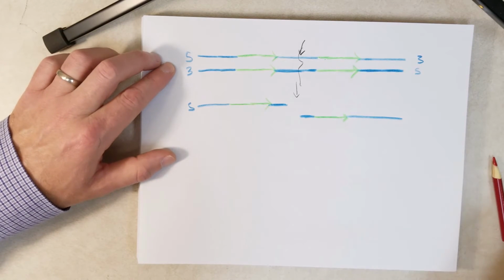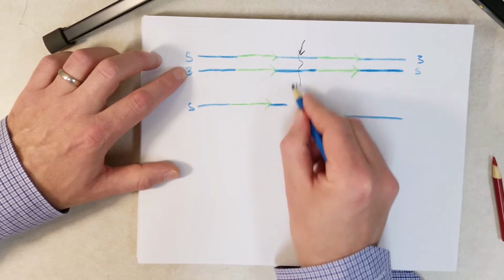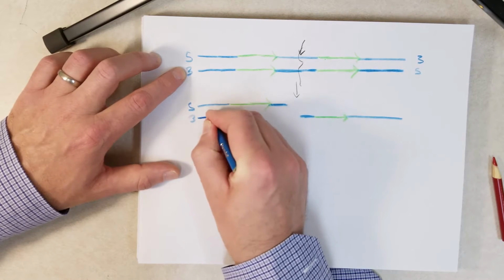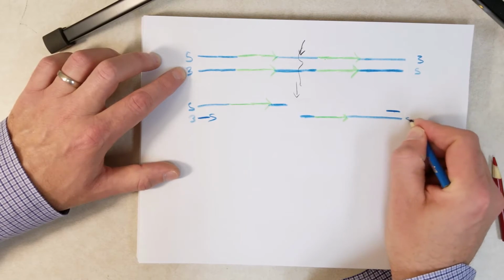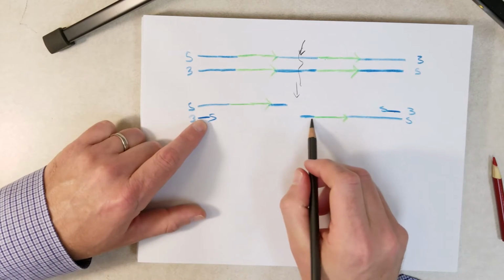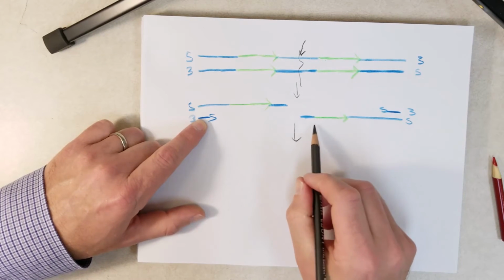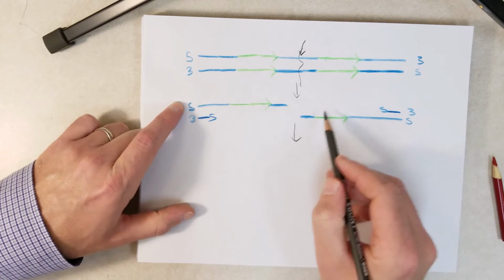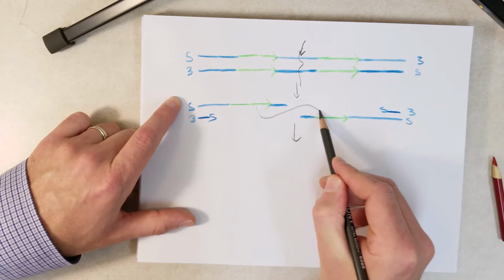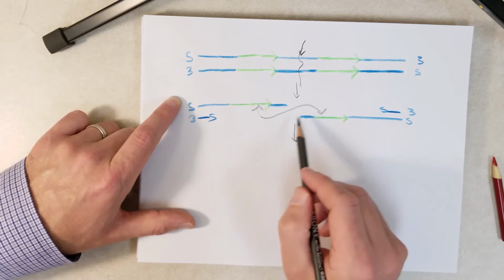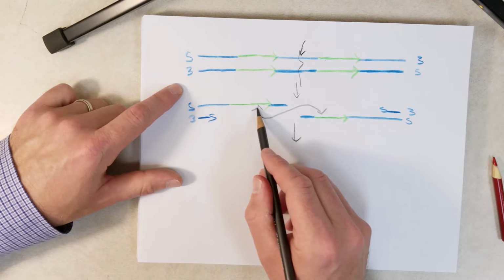Double strand break broke both strands. 5' end resection started here, chewed all the way down to here. One of the different things about this mechanism is there's no strand invasion of a donor. And why is that? Well, because we have homology between these two. These direct repeats are identical, or not identical, but complementary.